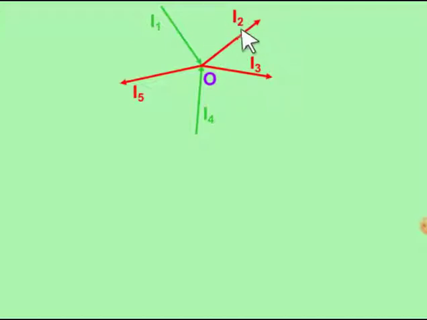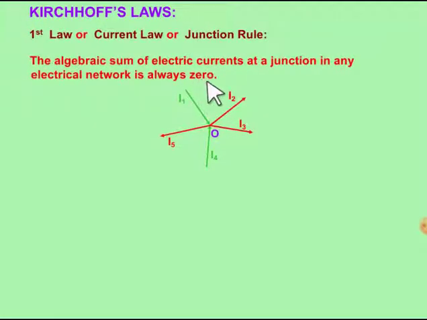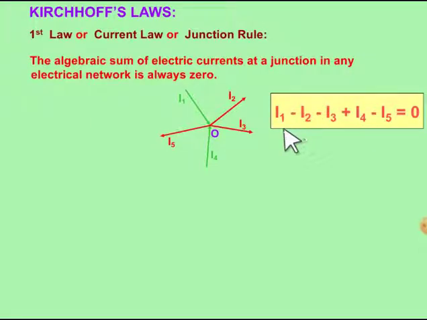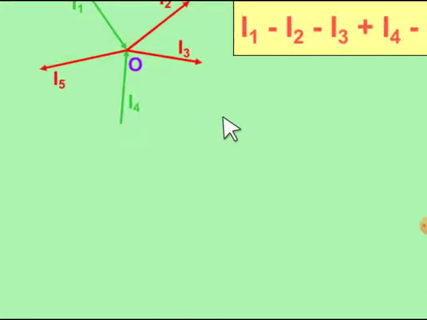Which current should be assigned plus and which minus? All the currents coming toward the junction, the incoming currents, will be assigned positive, and those outgoing, going away from the junction, are assigned negative. So coming toward the junction is taken as positive, and going away from the junction is taken as negative.